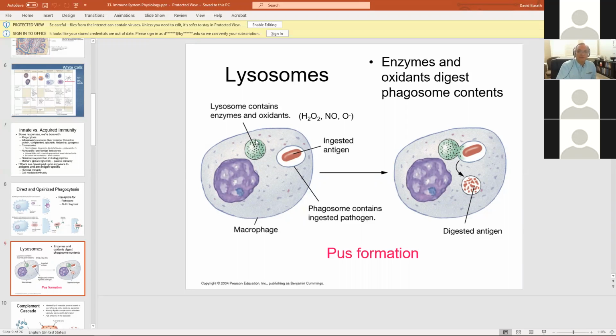These lysosomes have been in the news lately with coronavirus because they become very acidic inside. They have membranes as vesicles with proton pumps in them that pump hydrogen in. One of the enzymes that they have is cathepsin.